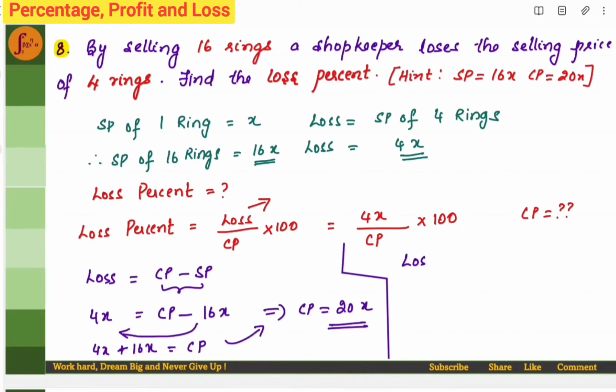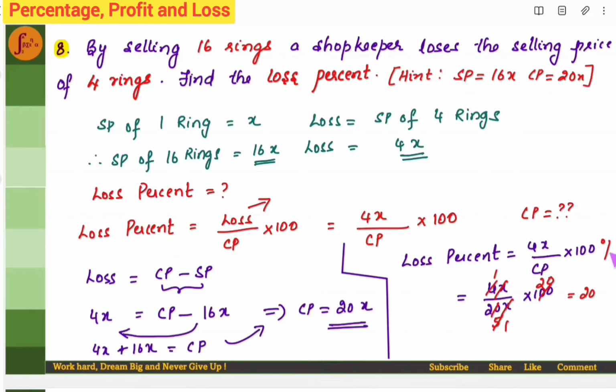We said loss percent is equal to 4X by CP into 100. 4X by CP, that is cost price, is 20X into 100. X and X will get cancelled. 4 ones are 4, 5 ones are 5, 2 fives are 20? 4 ones are 4, 5 ones are 5, 5 fours are 20. So we'll get 20, and we should not forget to put the percent symbol. 20%. Therefore, loss percent is equal to 20%.